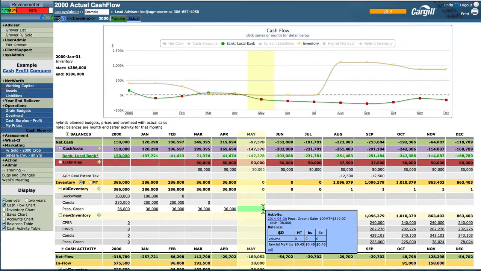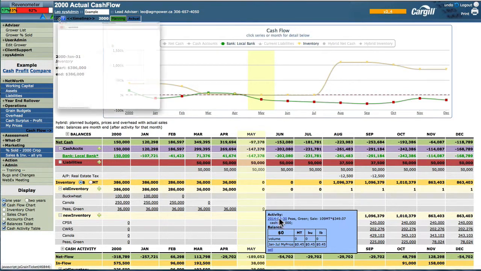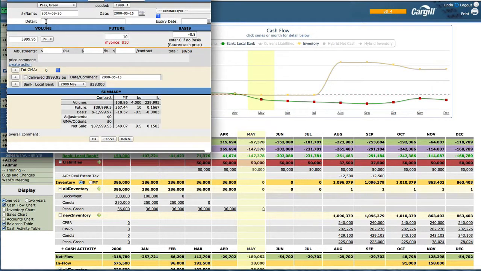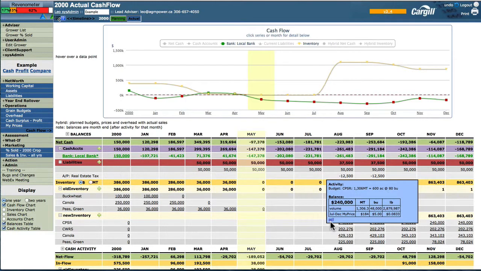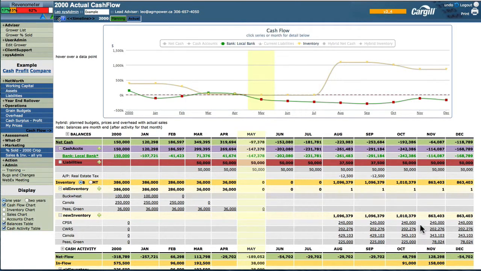In actual, sales are not assumed, they have to be made by you. And when you make a sale, you have control over the dates, volume, future basis, and month of payment. Without making a sale, the inventory will carry all through the months until you do.